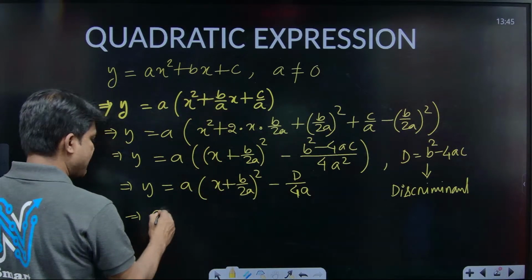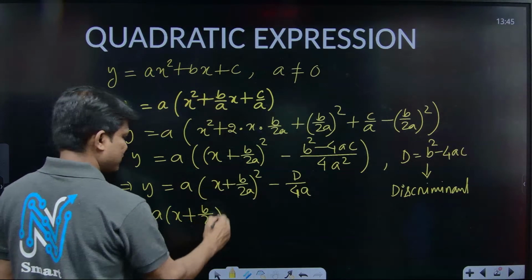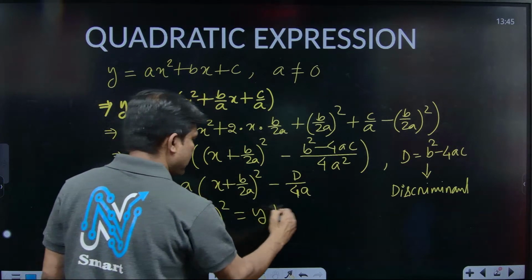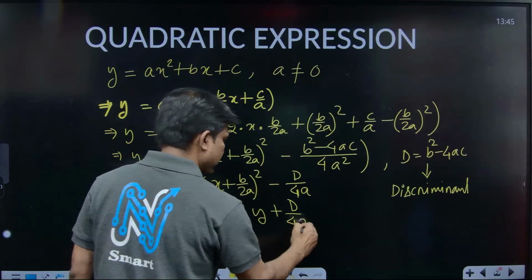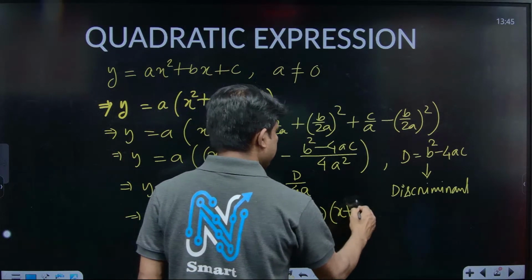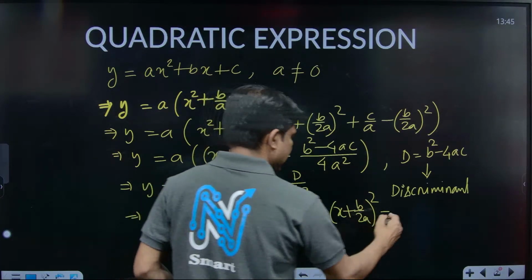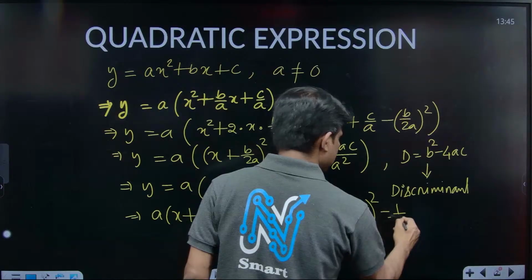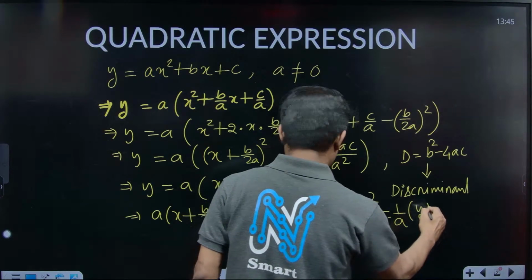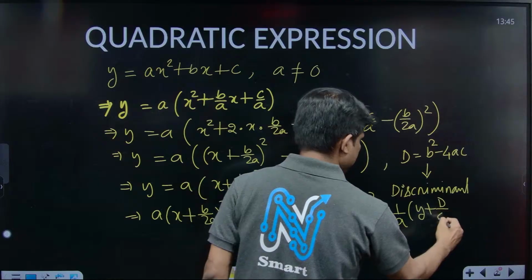So a into x plus b by 2a whole square equals y plus D by 4a. Now x plus b by 2a whole square equals, divided by a, because a is not equal to 0, y plus D by 4a.